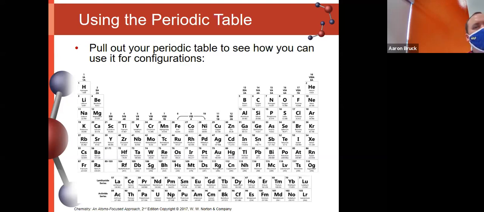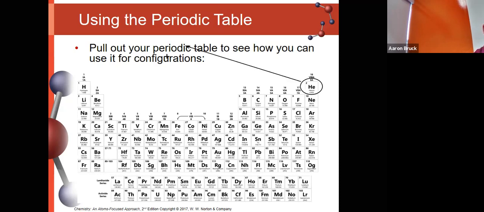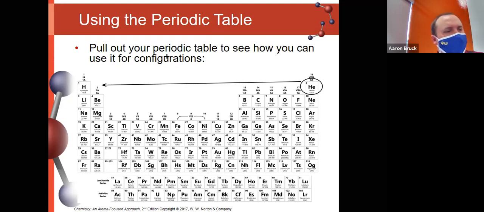So one thing that you need to remember for configurations, first and foremost, helium is going to be over here for our purposes of electron configurations, because this whole block, starting from hydrogen and covering both the alkali metals and the alkaline earth metals, this is our S block.